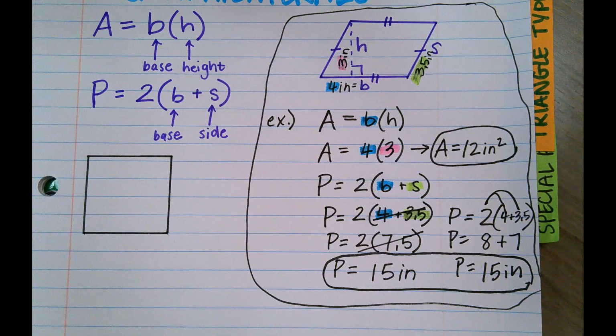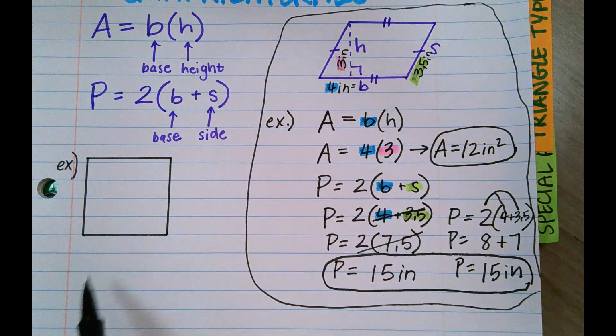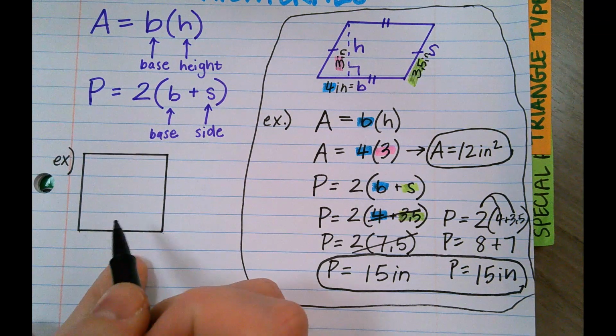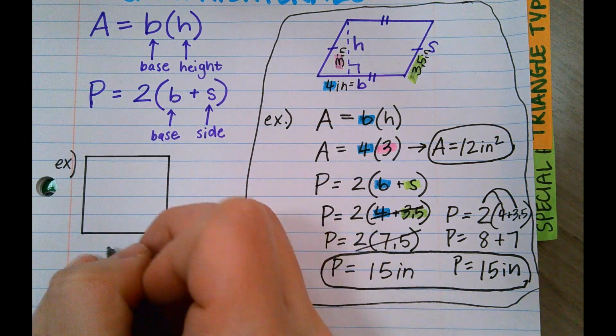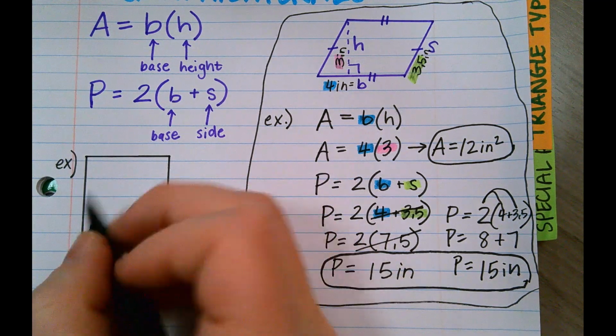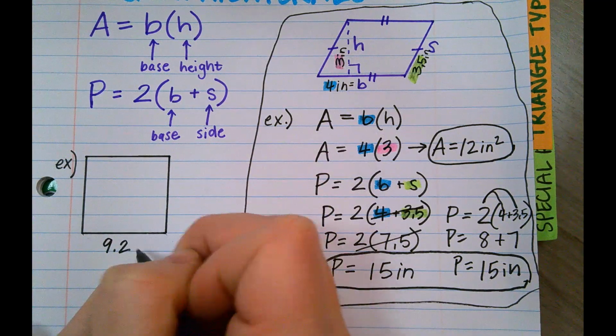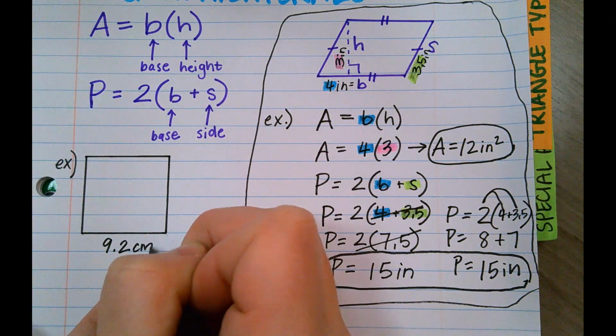They're all 3 centimeters is possible. Yeah, it would be. You're very smart. I didn't even think of that. Okay, so I'm gonna label this bottom with, we'll use a different measurement though, something random, 9.2 centimeters.